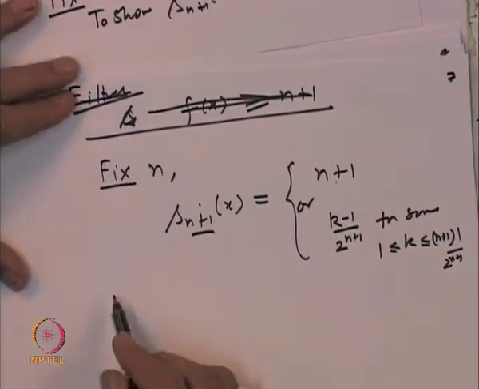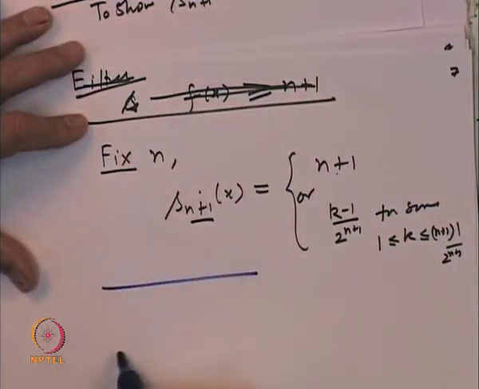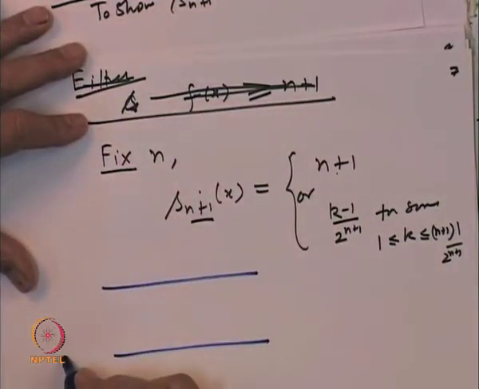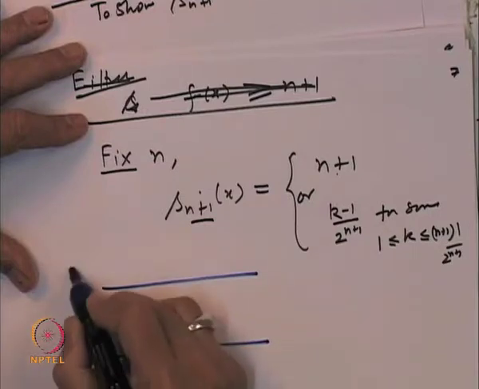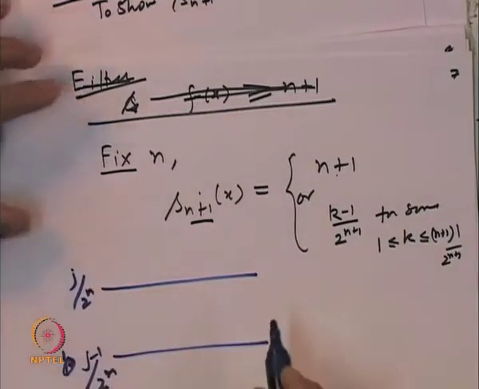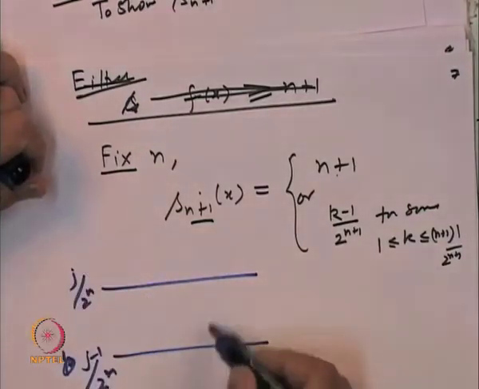Let me draw this picture to understand what is happening. Here is j minus 1 by 2 to the power n, and that is j by 2 to the power n. At the nth stage, f of x is somewhere in between.